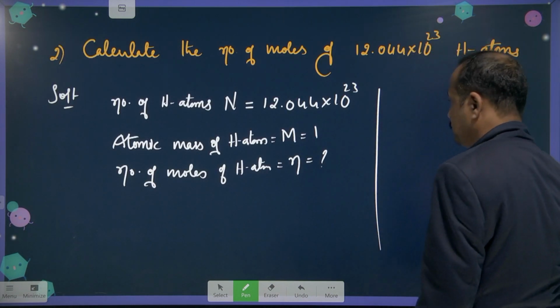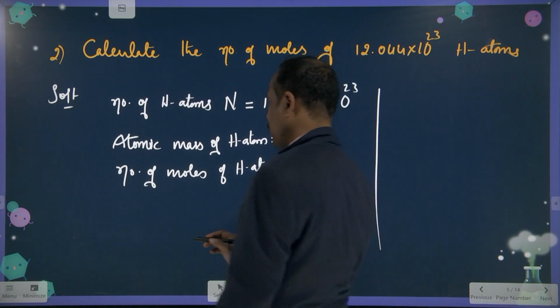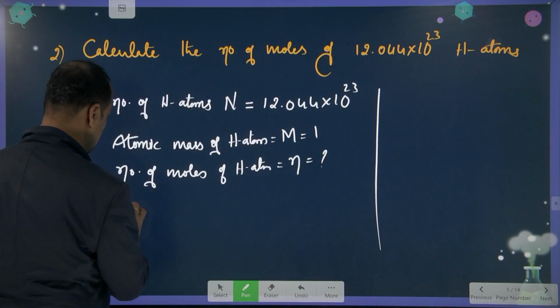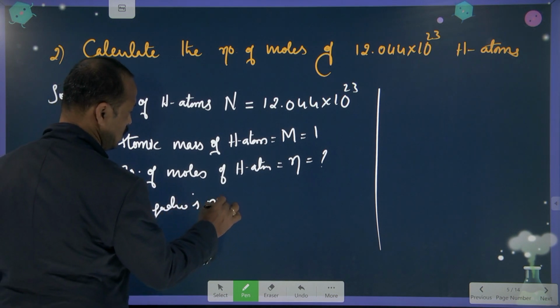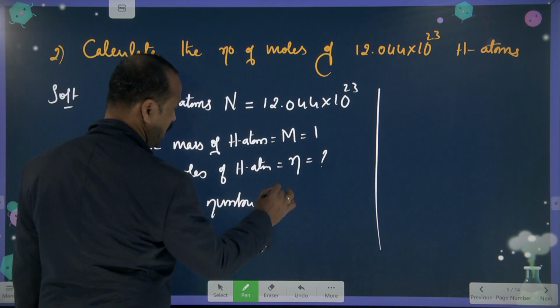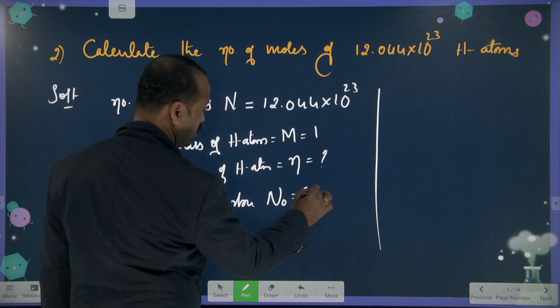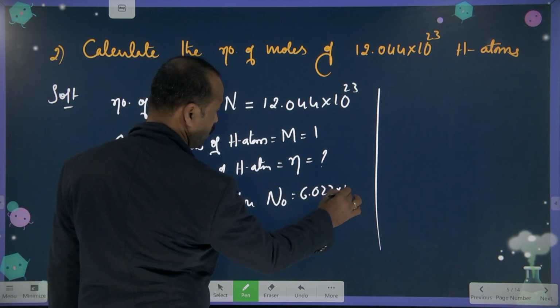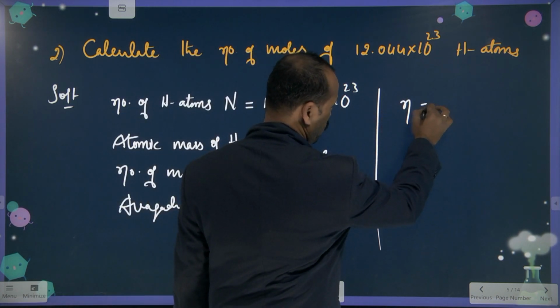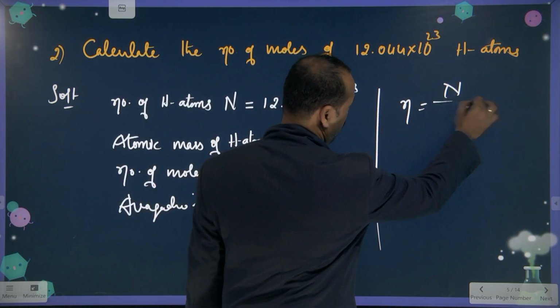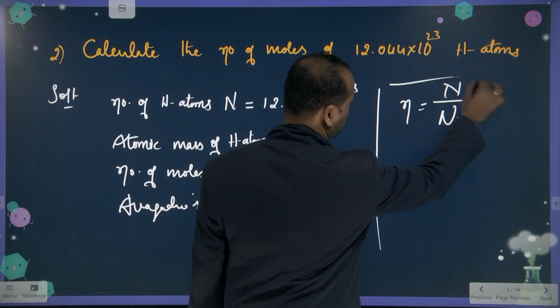Now, N naught is Avogadro's constant, Avogadro's number. N naught is equal to, you know, 6.022 into 10 to the power of 23. So which formula do you have to apply now? n is equal to N by N naught formula you apply.